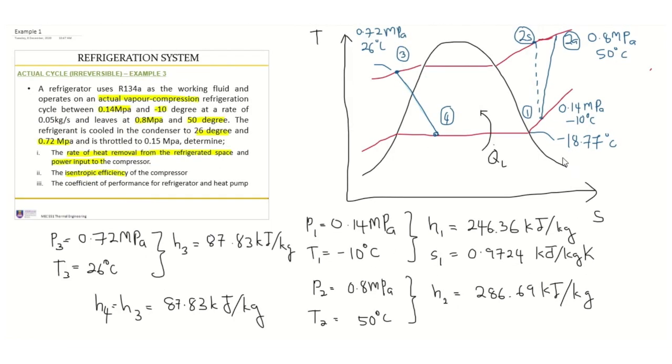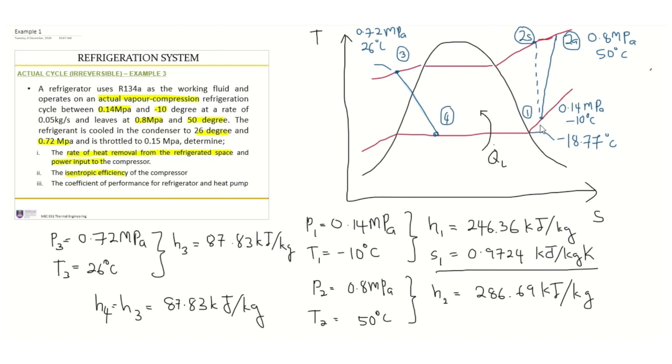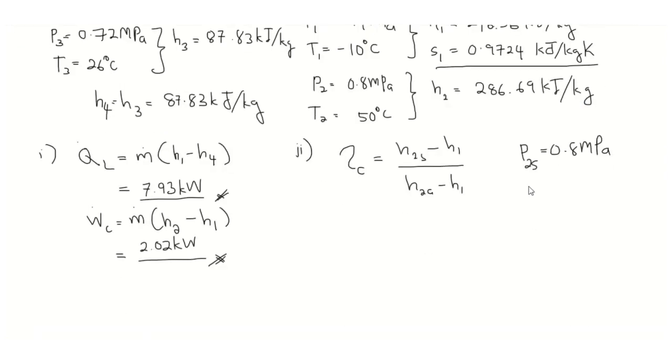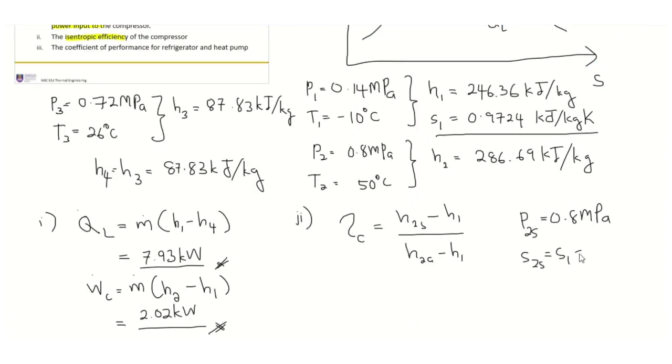The other information we have, take a look here, is the T-S diagram. This one is a straight line, so S1 equals S2S. So S2S equals S1, whose value is 0.9724.